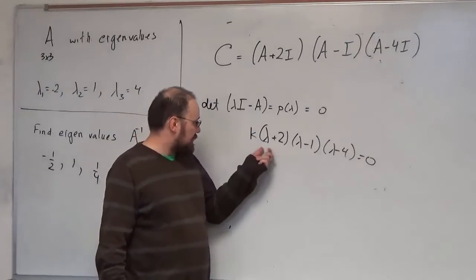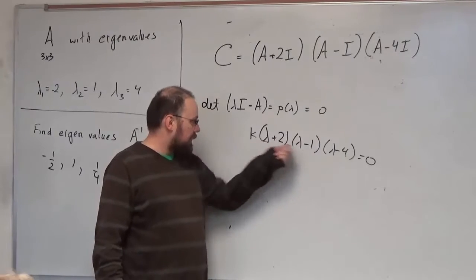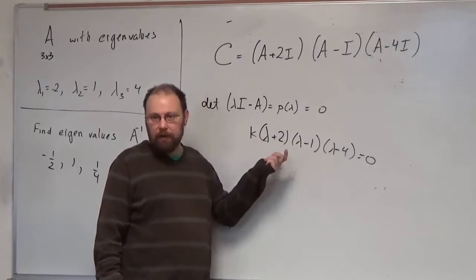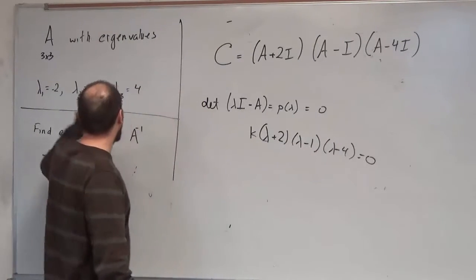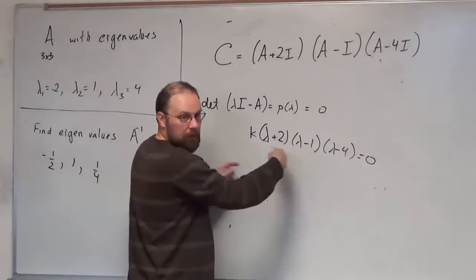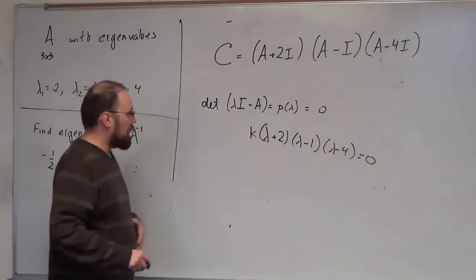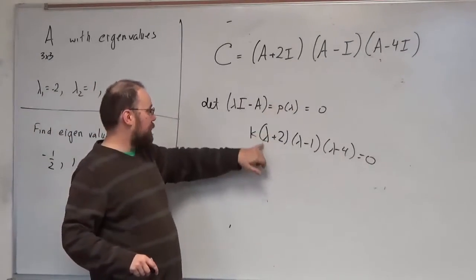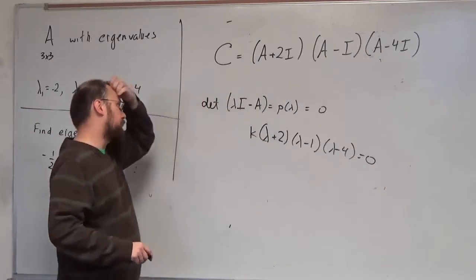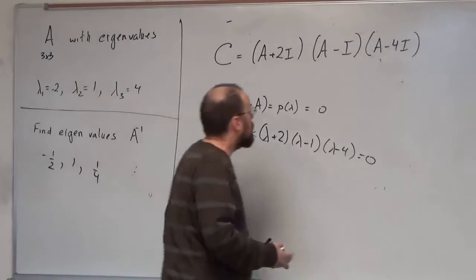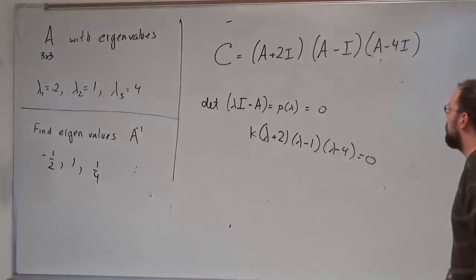But the idea is that these factors must be the characteristic polynomial because the eigenvalues are -2, 1, and 4. Those are the values that make the polynomial 0. And this is factored in a similar way, except I replace lambda with A. It's an important theorem we probably will get to later.